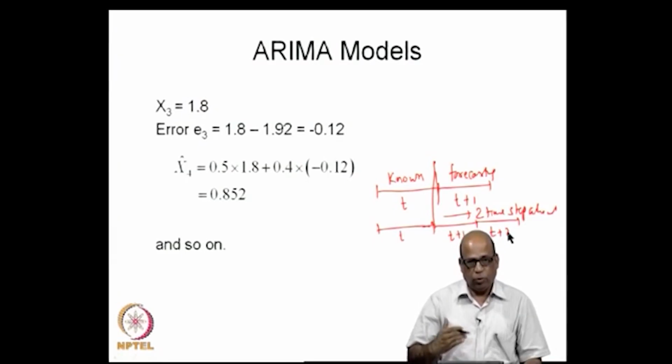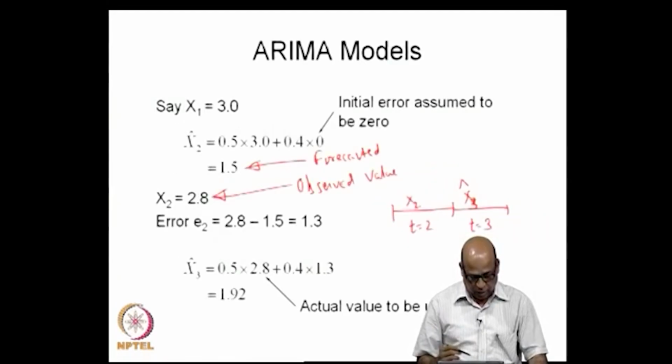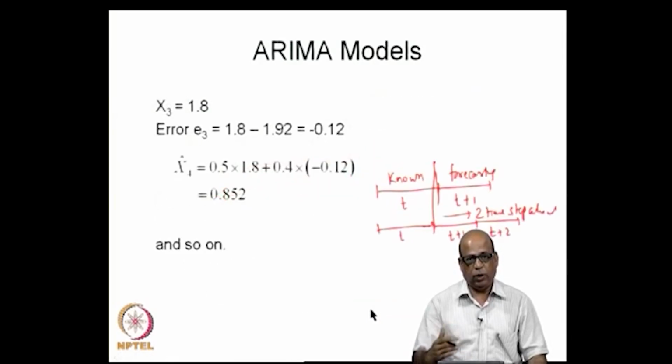So, in obtaining your errors here, you will use the forecasted values, because the values will be known only when you reach the end of time period t plus 2. Anyway, this we will discuss further when we look at some applications.